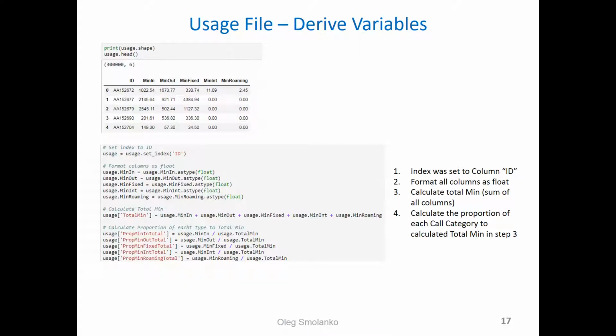Having a look at the usage file, we can see that there are 5 columns of minutes: spent in the own network, minutes called to other network, minutes called to fixed line, international, or roaming. What I do first is format these columns to float, and in addition, I calculate the proportion of each column to the total minutes spent.